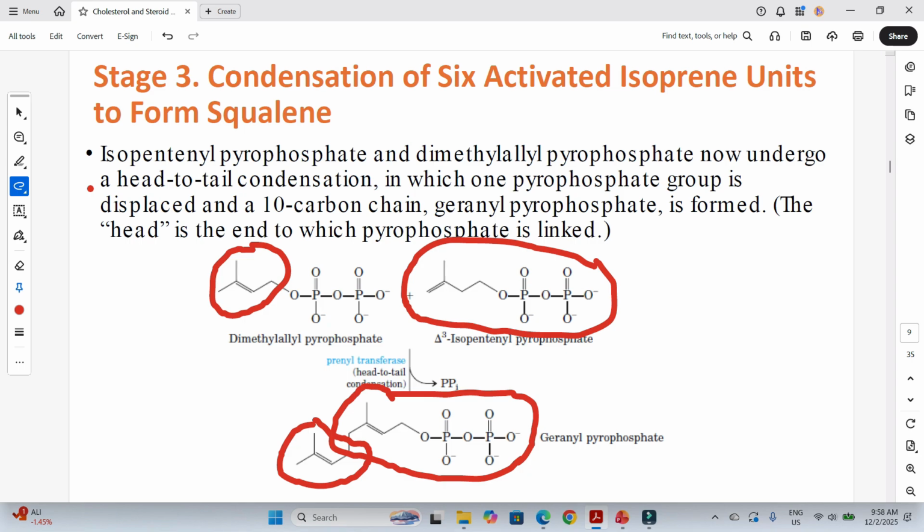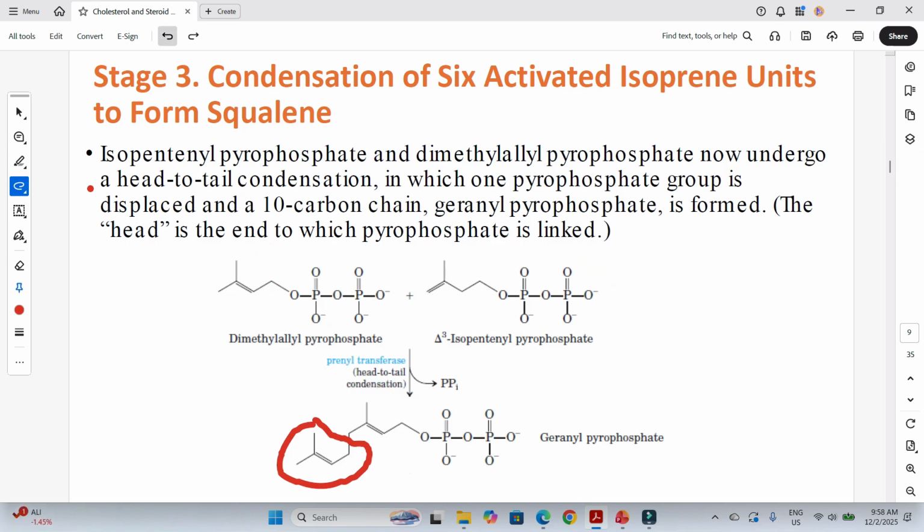Essentially what happened here is that a carbocation is produced when the pyrophosphate departs the molecule, and that carbocation acts as an electrophile that attacks this double bond, in the process generating a carbocation, a positive charge here, which is neutralized by losing a proton or a hydrogen atom from this carbon atom. That's why the double bond is formed here. I hope that is clear. So this is clearly an extension of what you've learned in organic chemistry. So in the process you end up synthesizing geranyl pyrophosphate.